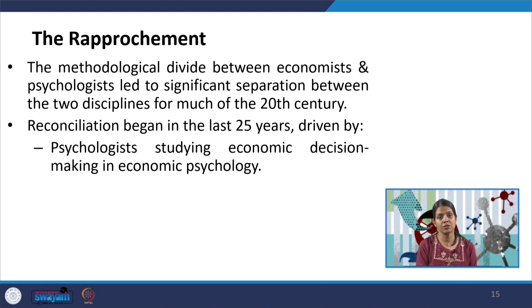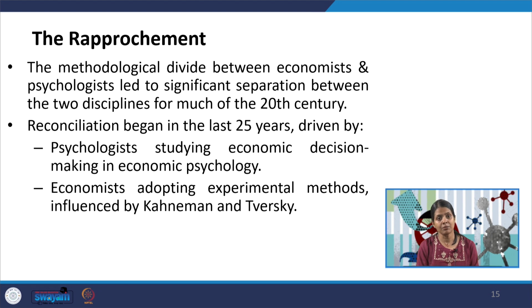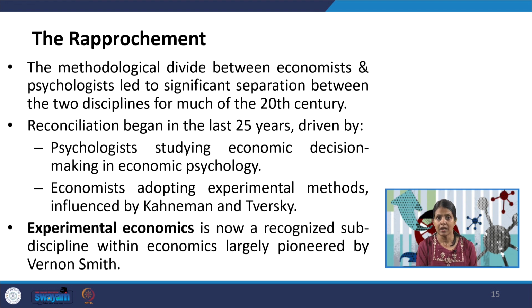So, psychologists also started taking interest in the field of economic decision making. On the other hand, economists also started adopting experimental methods influenced by Kahneman and Tversky, but a lot of contributions in the field of experimental economics have come from Vernon Smith, as a result of which experimental economics is now a recognized subdiscipline within economics.